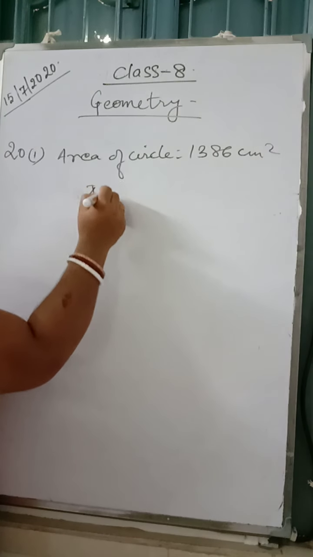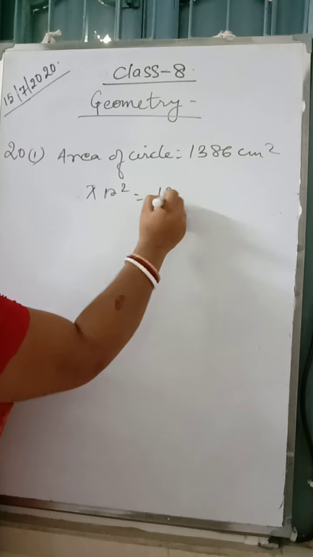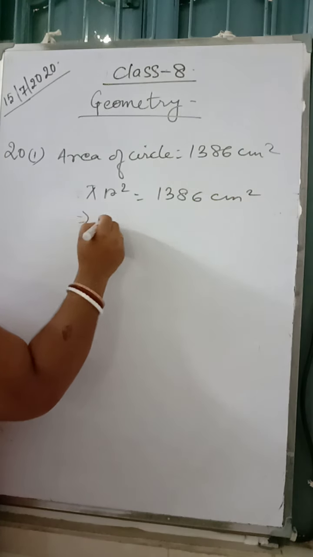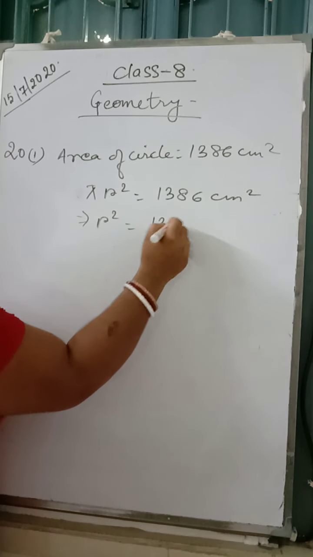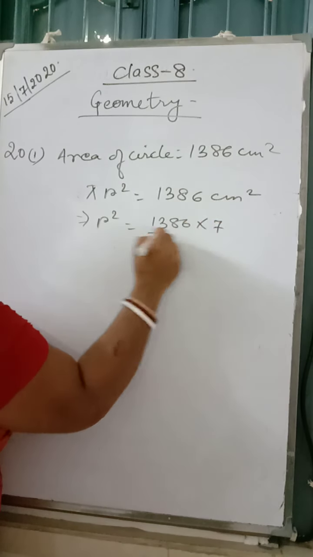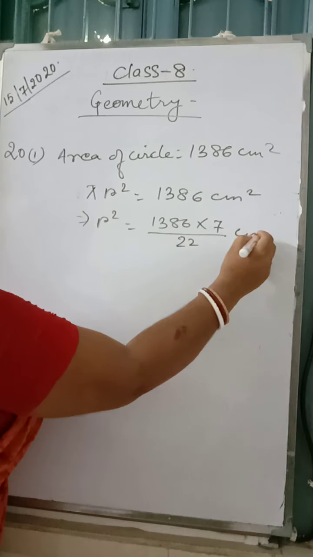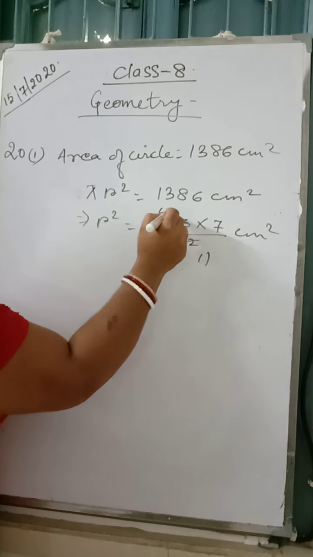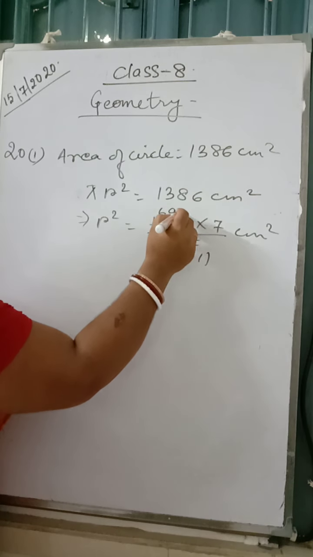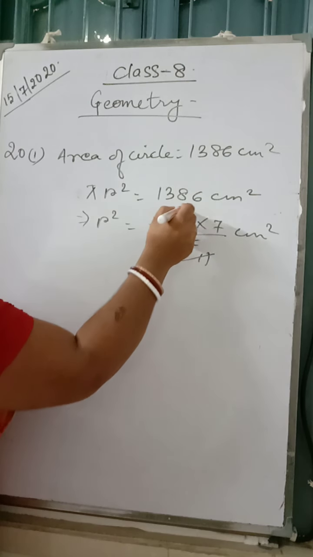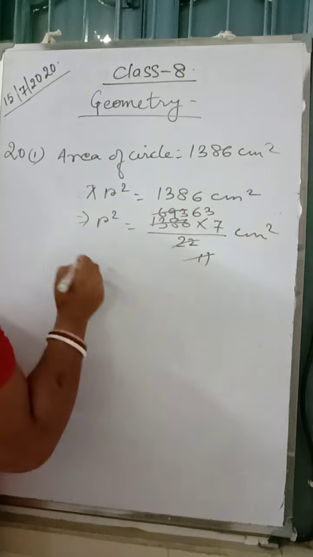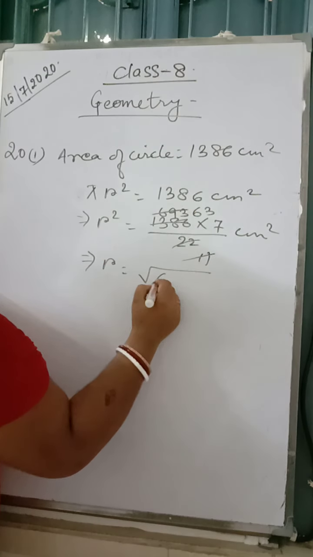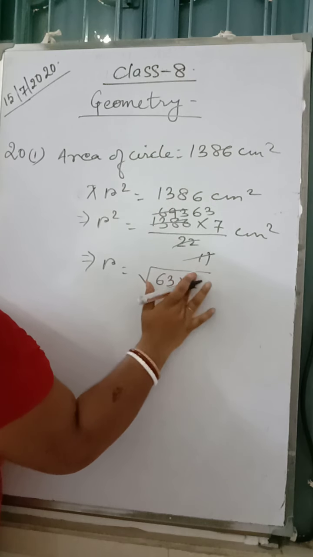Pi r square is equal to 1386 centimeters square, or r square is equal to 1386 into 7 by 22 centimeters square. I can write 2 11s are 22, 6s are 12, 9s are 18, 3s are 6, 63, or r is equal to under root 63 into 7.